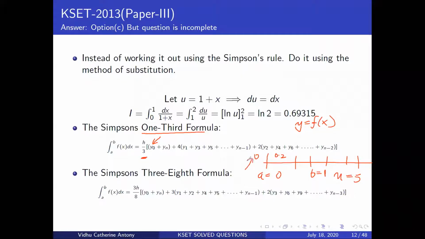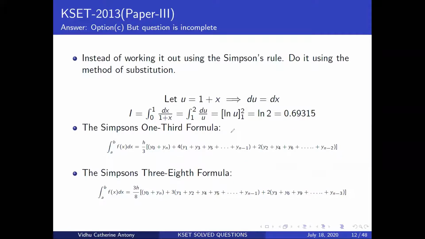You have to start off with 0, so this would be your y0. Don't start off with y1. Start off with y0. Then you have y1, for which you substitute into the function and calculate it. I know a couple of people who've written this as y1 and proceeded with that, so be careful about those things. This formula is fairly simple to remember.